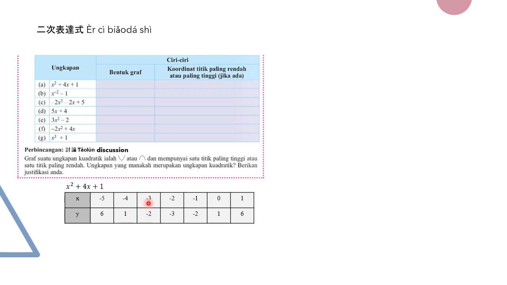So what you need to do is substitute -5, replacing all the x here, -4 replacing all the x, -3, -2, -1, 0, and 1. So you will get all your images here that range from 6 to -3.